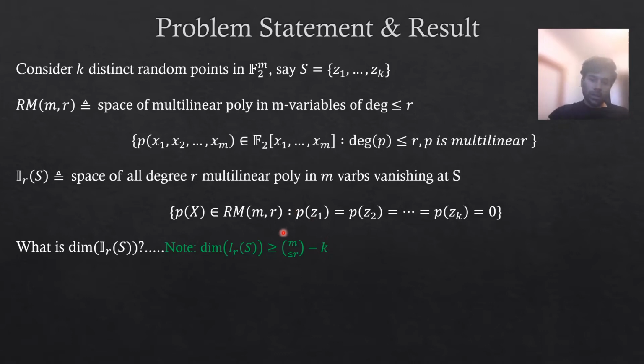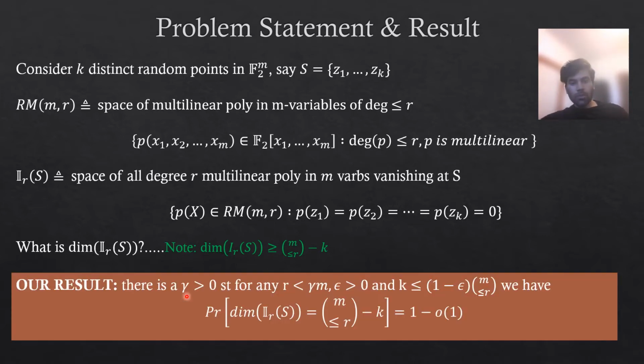These are the number of monomials you can form in M variables of degree at most R. So the dimension of RM(M,R) is M choose less than or equal to R. And what we really say when we want P(Z1) to be 0 is a linear equation in the coefficients of these monomials, right? So we are at most writing K linear equations. So the dimension of I(R,S) has to be at least M choose less than or equal to R minus K, because it can't reduce by more than the number of equations we write.